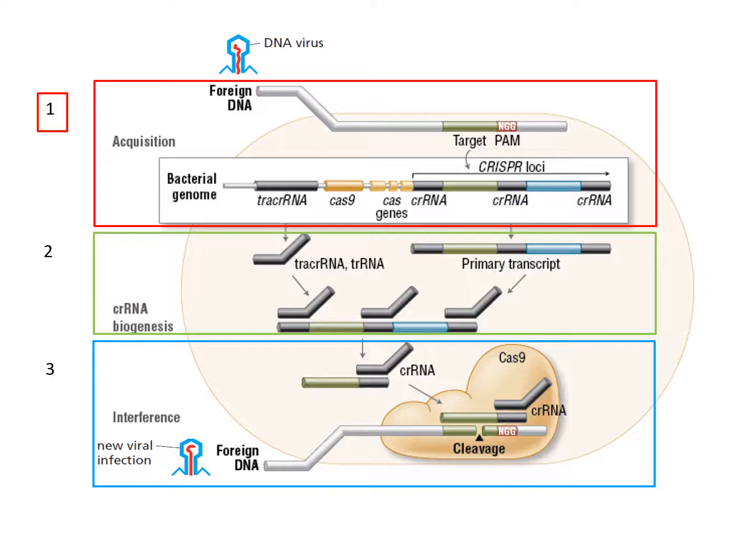Here, however, at the CRISPR loci, we do have double-stranded DNA that is identified as CRISPR RNA, but the fact of the matter is it's DNA that is ultimately transcribed into RNA, as we see here in this primary transcript, but it is never translated.